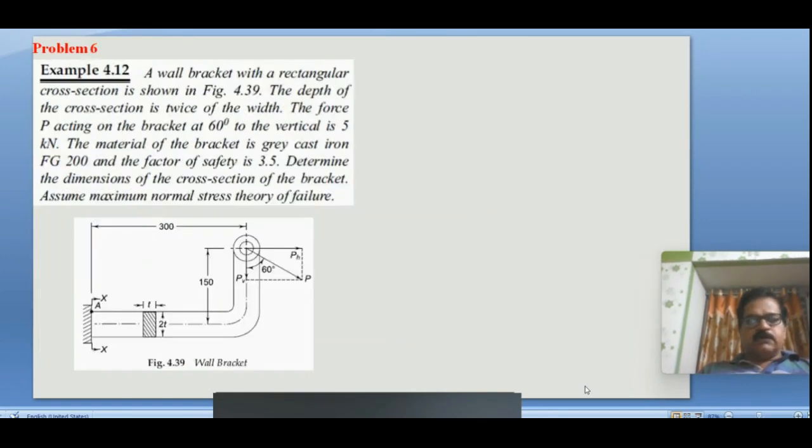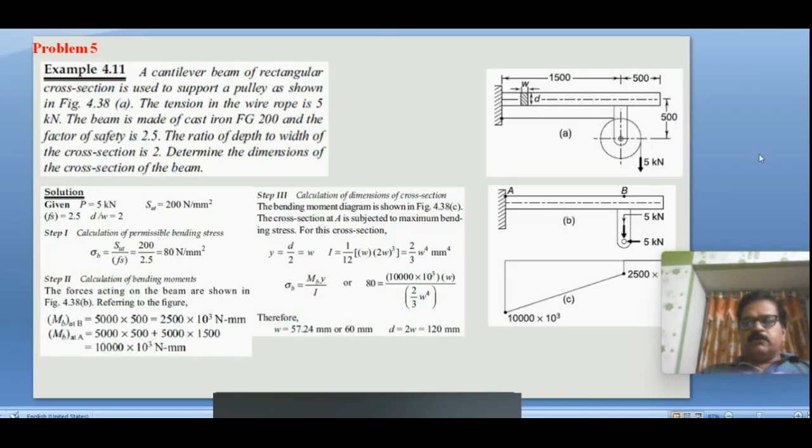Here we can take one more example. You can see here a structural member having one end fixed, the other end free. Close to the other end is a pulley, and a wire rope is attached at the fixed end, passing over the pulley, and holding a weight of 5 kilonewton.